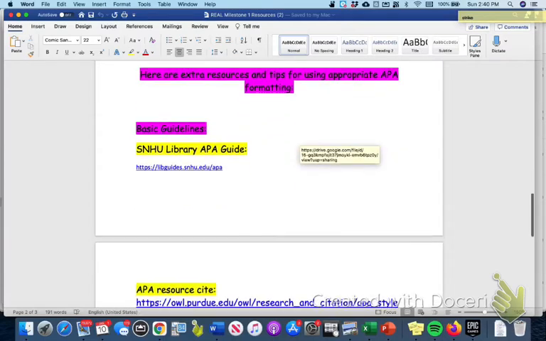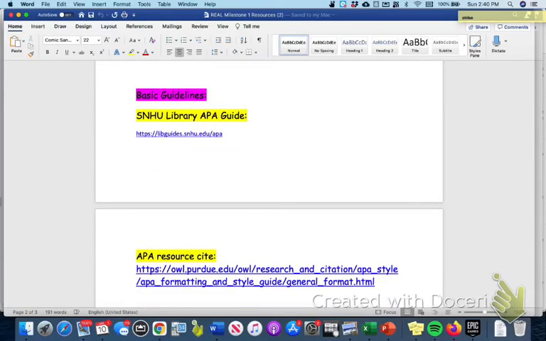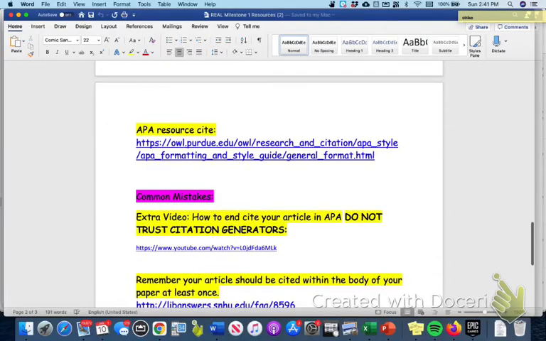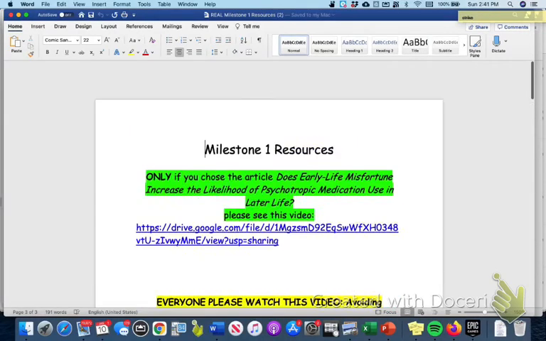And then every paper, according to the rubric, is going to be graded based on using APA citation and formatting guidelines. So I've provided some links to help you with that too. Believe me, I know it's tough, especially since they update APA every so often, it's really hard to keep those rules straight. So these are just some resources to help you with that as well.